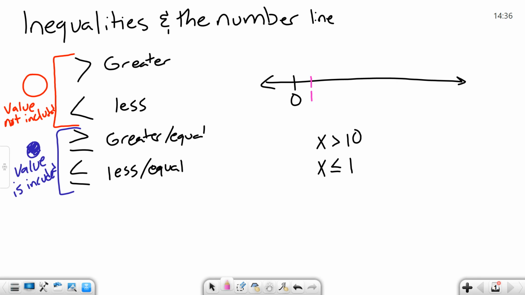Well, here's 1. It's less than or equal to, so I'm going to put a closed circle, and it's less than, so I go to the left.